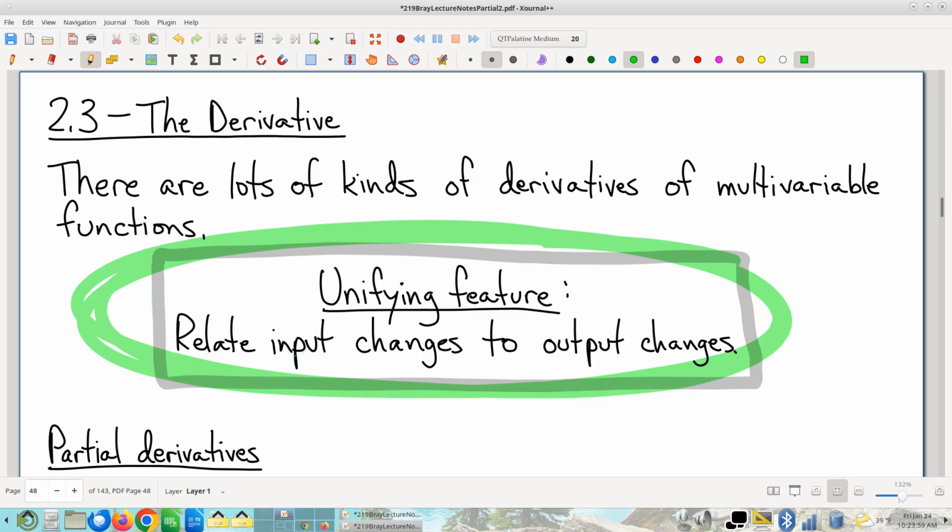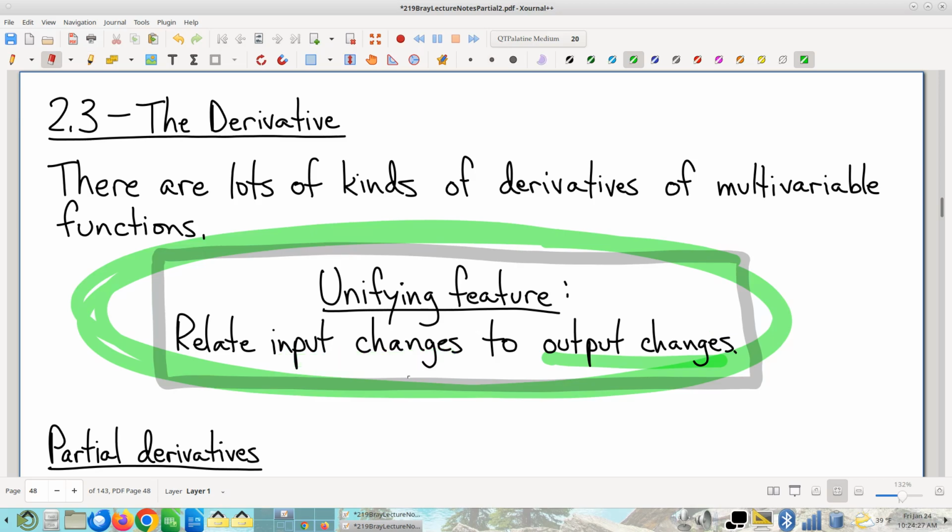They all relate input changes to output changes. This is going to be my cornerstone point of view on what is a derivative in this course. It's something that relates input changes to output changes, in different ways in all of these cases, of course, right? But nevertheless, they all have this unifying feature. They relate input changes to the function to the resulting output changes from the function.